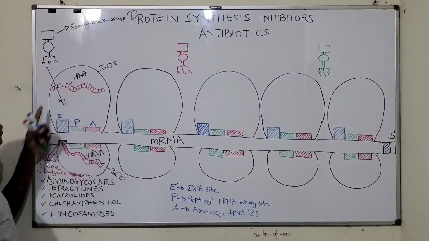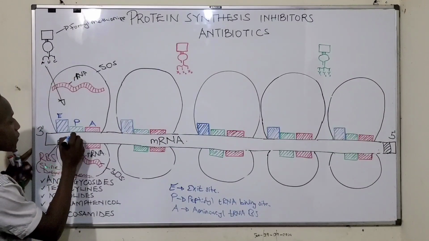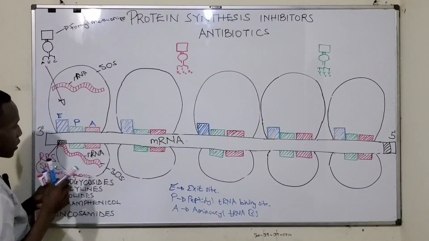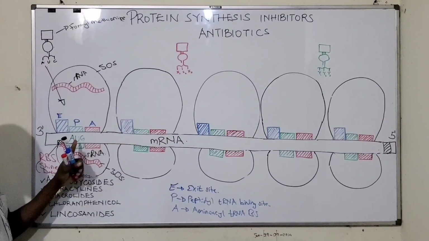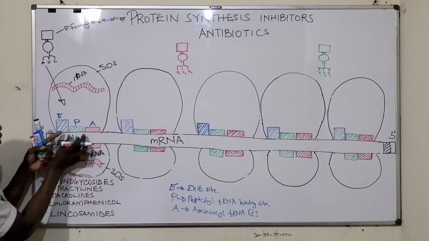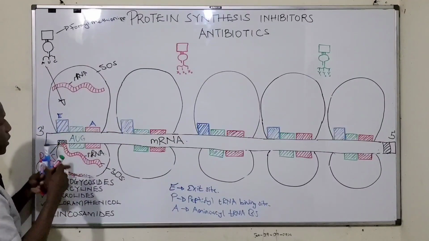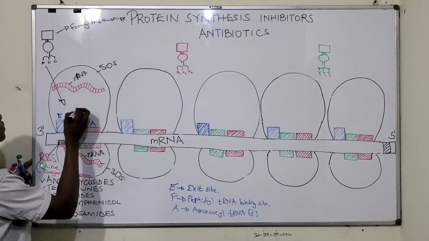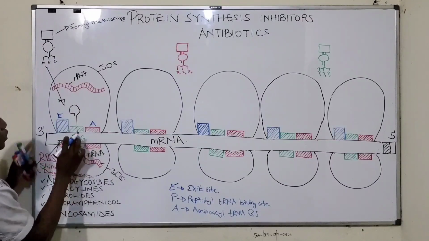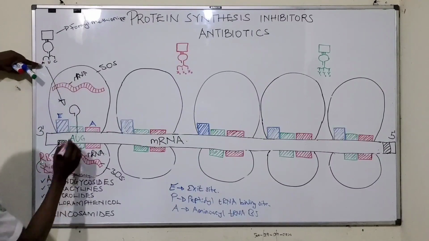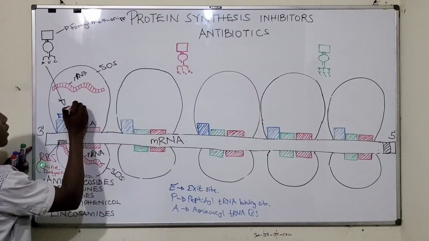This transfer RNA uses its anticodon to bind to the AUG. This AUG is the codon at the P site. So when it comes, it uses its anticodon to bind to this region, carrying the first amino acid.